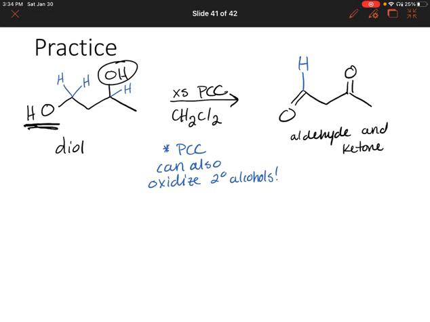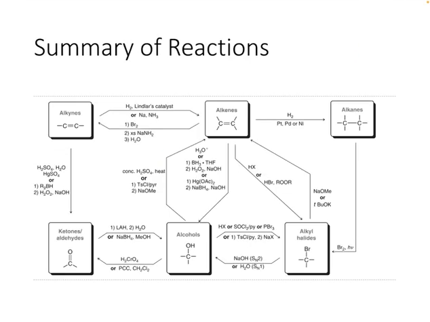Okay, so let's just summarize our chapter here. And actually, we're going to summarize pretty much everything we've learned up to this point. And this chart is super helpful. It's a really nice reaction map that just really puts everything together. So you'll notice in the upper left-hand corner, we start with our alkynes, and then we can see how to reduce that into an alkene.